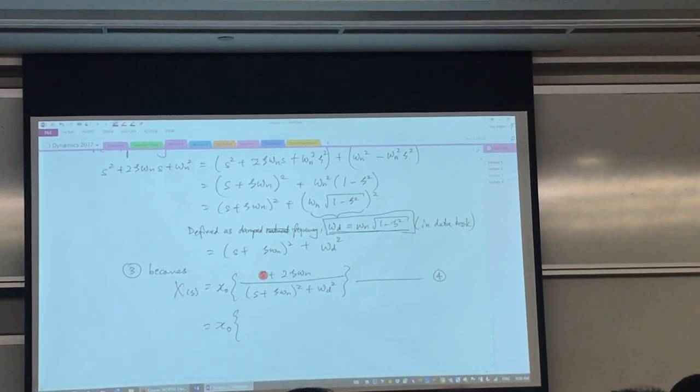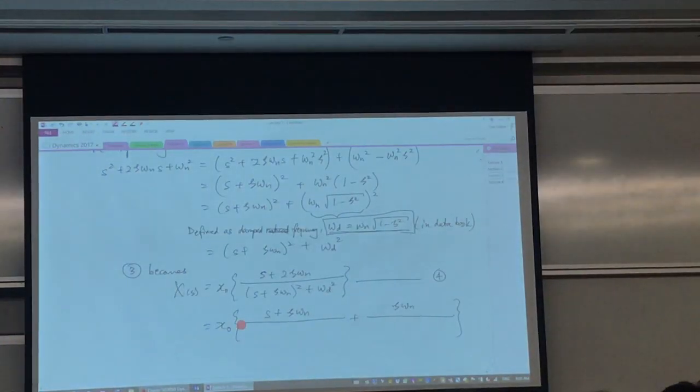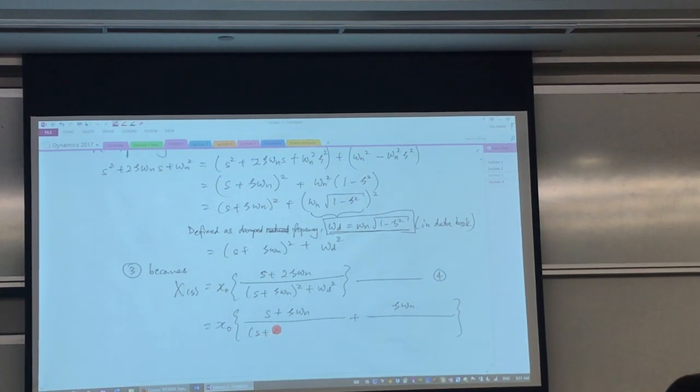This numerator, s plus 2 zeta omega n, I can break it down: s plus zeta omega n plus zeta omega n, in the following way. So that numerator, if you add them together, you get s plus 2 zeta omega n. And this denominator would be the same on those two terms, s plus zeta omega n squared plus omega d squared.